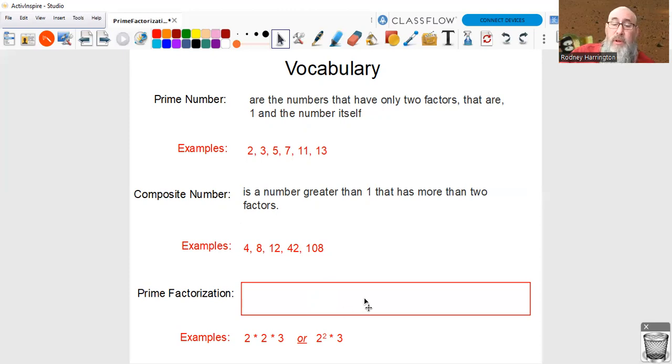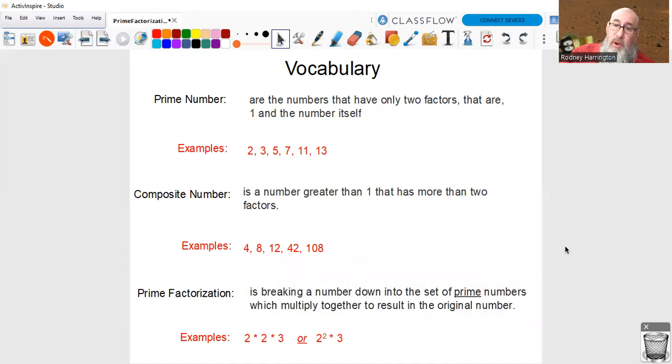And then, of course, our definition: prime factorization is breaking down the number into a set of prime numbers which multiply together to result in the original number. Prime factoring means the factors are the parts of a multiplication.